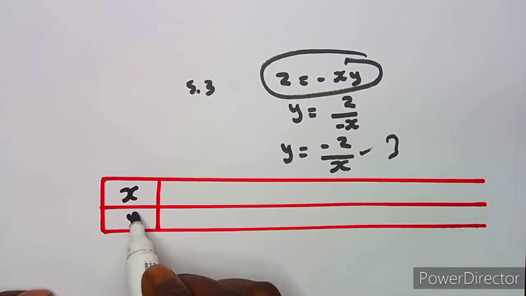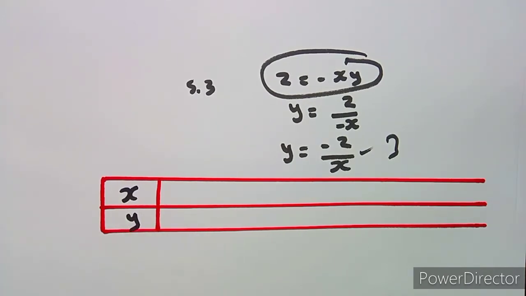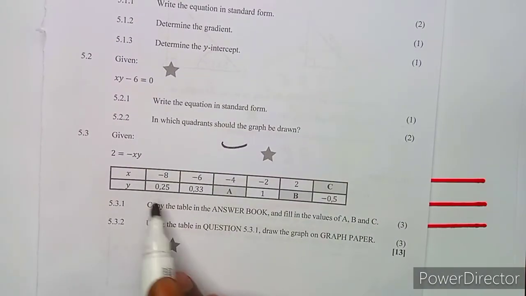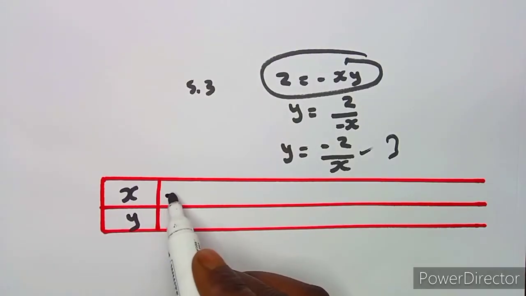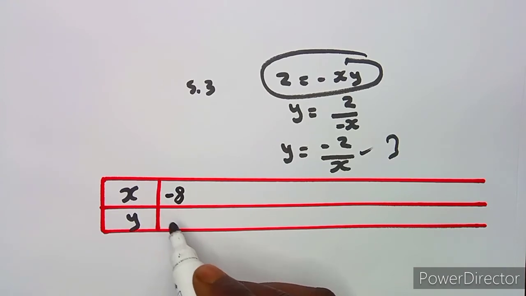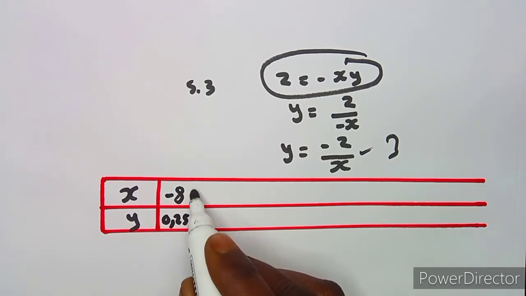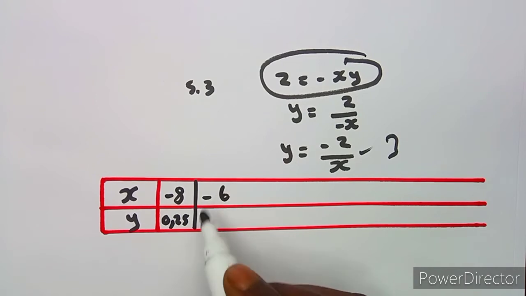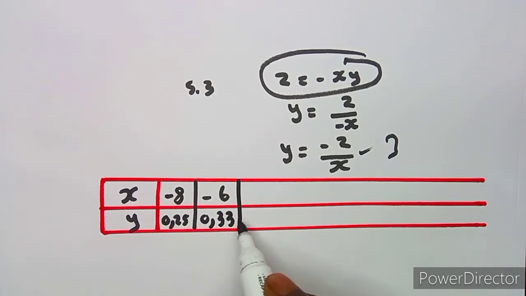So this is your x and your y, guys. Some of the values were already there: minus 8 and minus 6, 0.25, minus 6, 0.33. But on minus 4 we are not given anything.